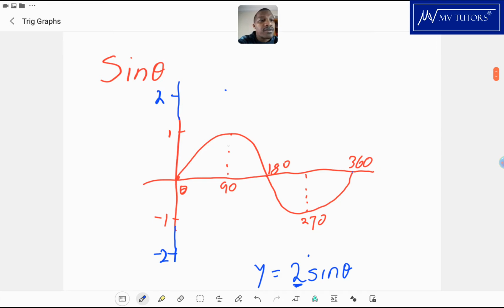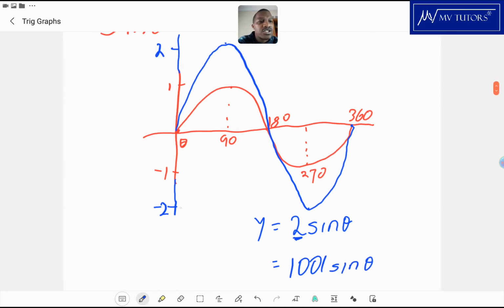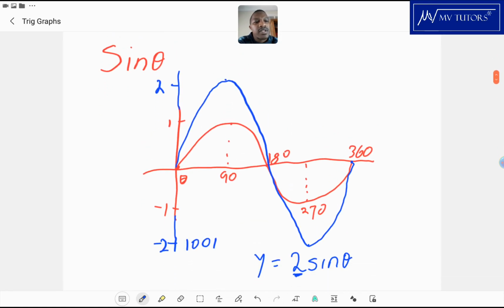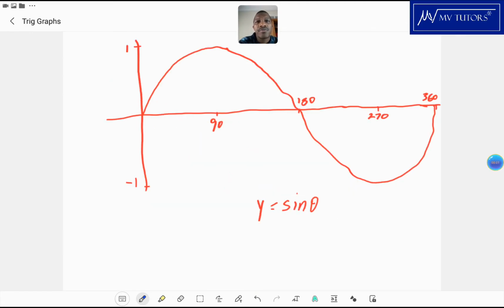Then our final graph will be like that. It will be just a longer graph. That's it. So this number doesn't matter what it is. Even if they give you 1001 sine theta, all you would do is change this number to 1001. That's a -1001 there and a positive 1001. That's it.